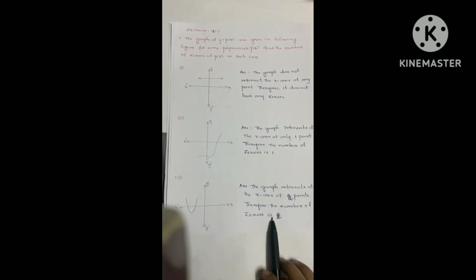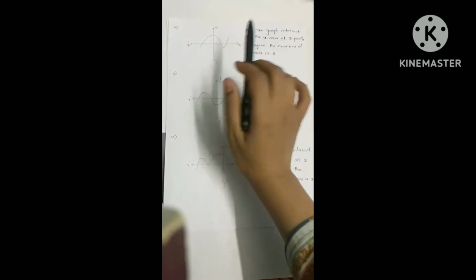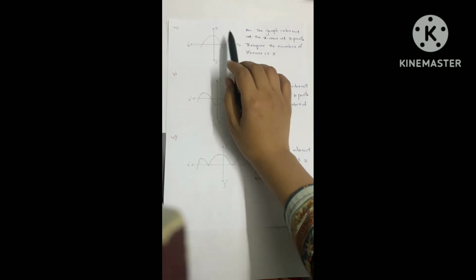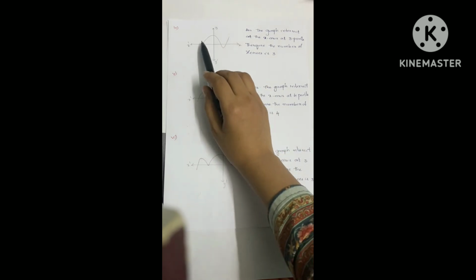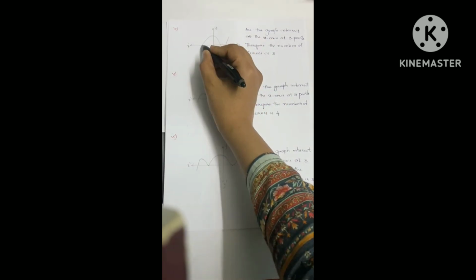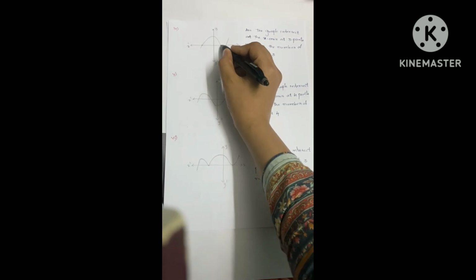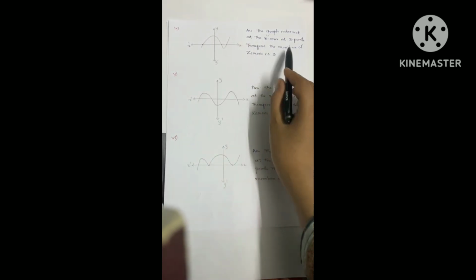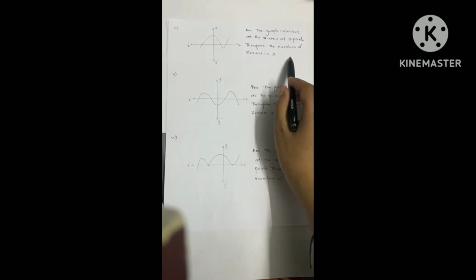Therefore the number of zeros is 2. Fourth problem: this is the x-axis and this is the y-axis. Here the graph intersects the x-axis at 3 points. This is 1 point, this is 1 point and this is 1 point. 1, 2, 3 points. Therefore the number of zeros is 3.